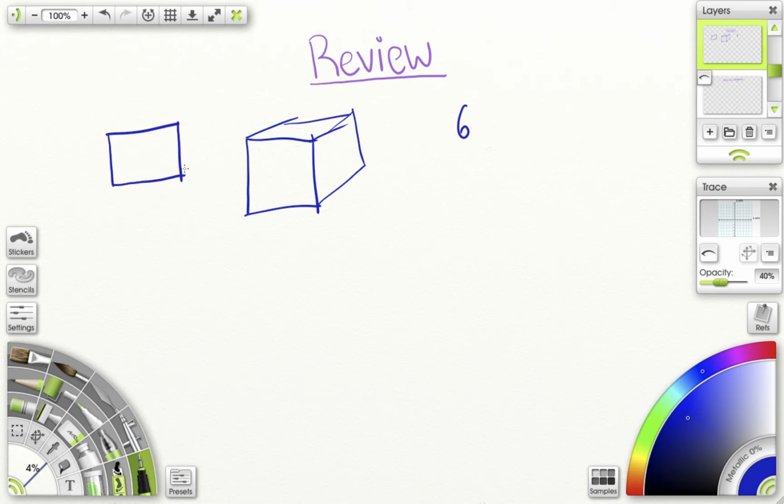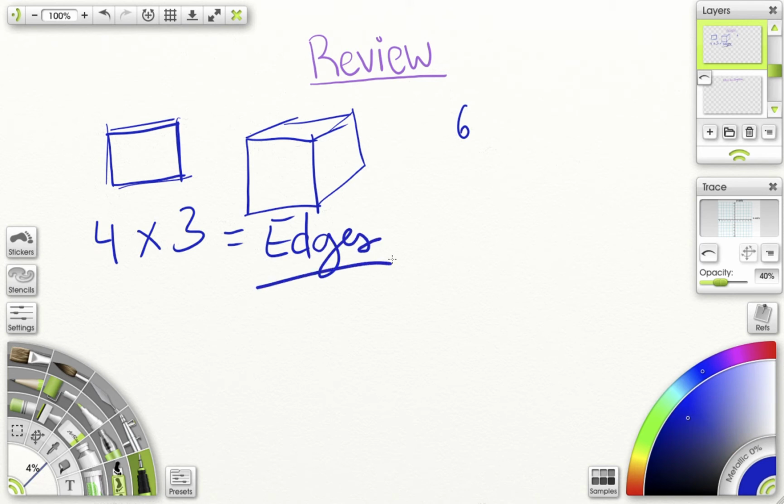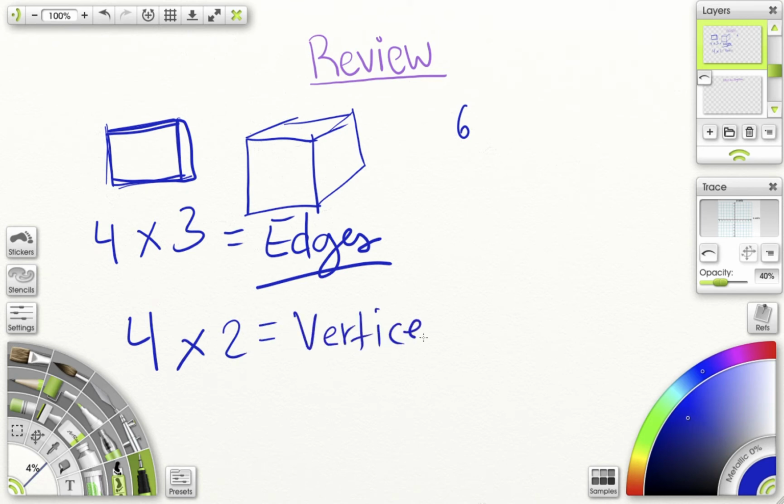Okay, that's our square. To figure out the number of edges, we take this number, 4 sides to a square, and we multiply it by 3. That gives us the number of edges on a prism. To figure out vertices, I take this number, 4, the number of sides on the base, and I multiply it by 2, and that will give me the number of vertices, or the corners.